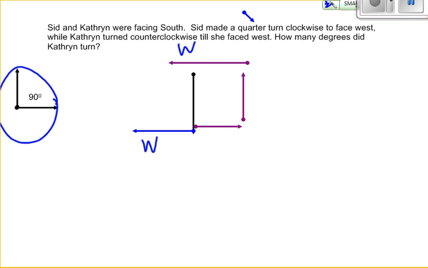Now the question is, how many degrees did Catherine turn? We understand that a quarter turn is 90 degrees, but as we look at the picture where Catherine is turning, we have a 90 plus a 90 plus a 90 to give us a total of 270 degrees.